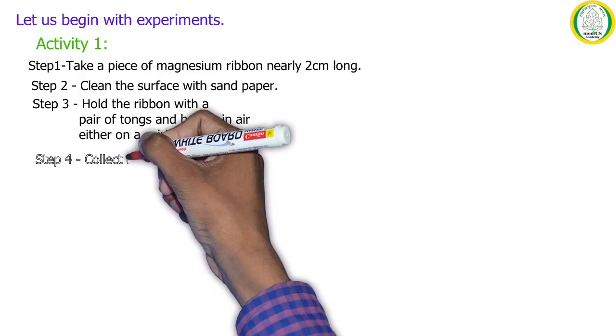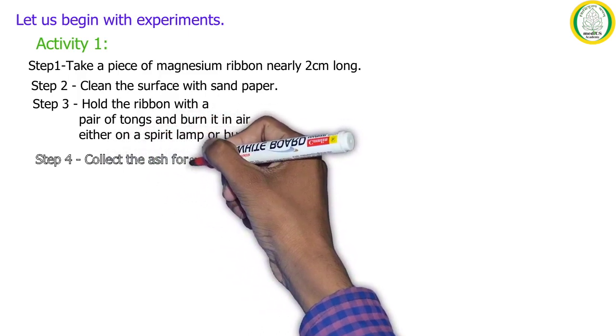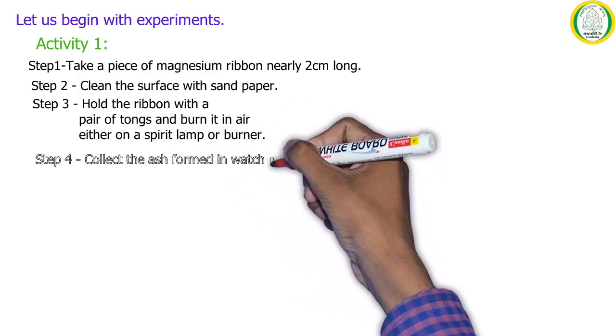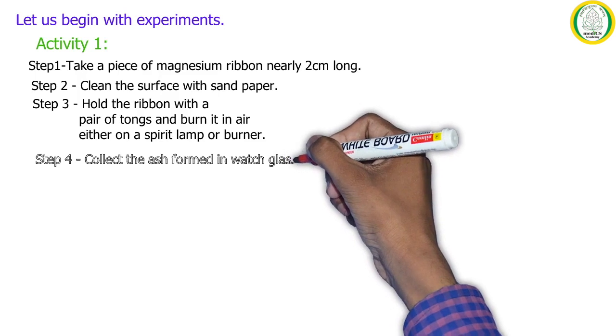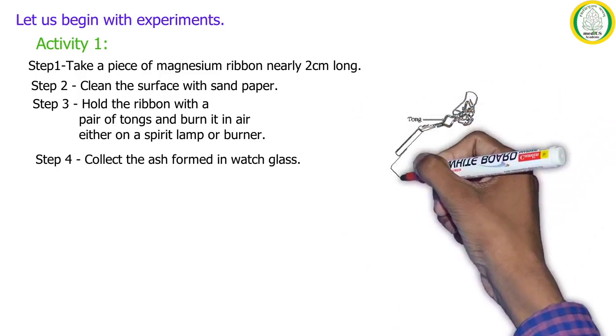Step 3: hold the ribbon with a pair of tongs and burn it in air, either on a spirit lamp or burner. Step 4: collect the ash formed in a watch glass.